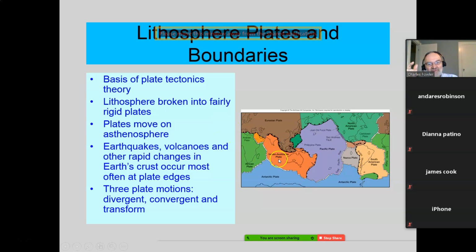And this whole Indian-Australian Plate here. Now again, here is the island nation of New Zealand. They happen because it's right on the border. Here's what I was trying to say before. I was trying to remember the name of the island in Indonesia.